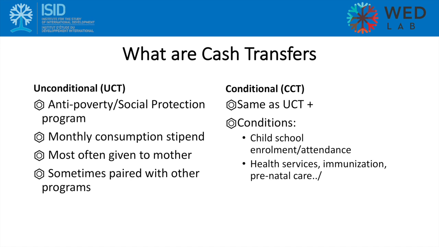Conditions are normally, but not always, but almost always, a combination of making sure that children are not only enrolled in school, but attend a certain minimum number of classes or days in school, and also that households, in particular children and pregnant mothers, attend health services, children are immunized regularly, and that pregnant women continue with prenatal care. So these are the general ingredients of most cash transfer programs, whether they're unconditional or conditional.